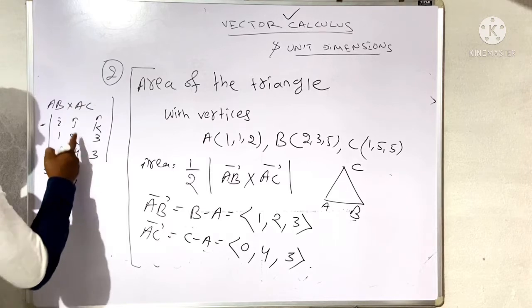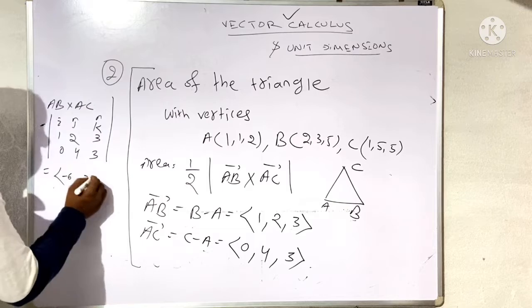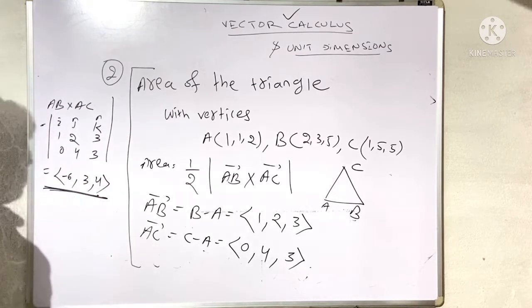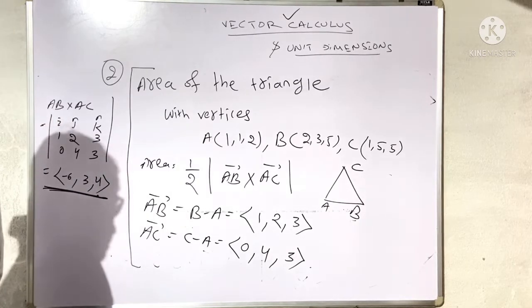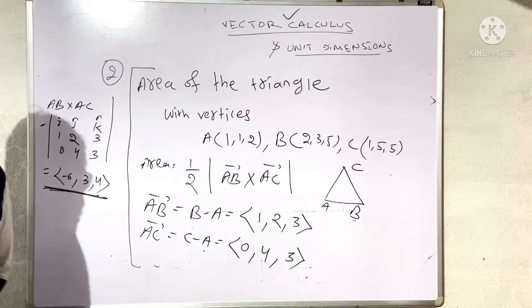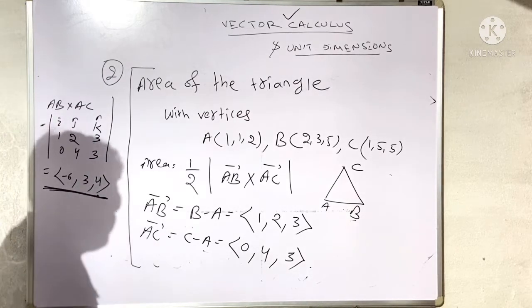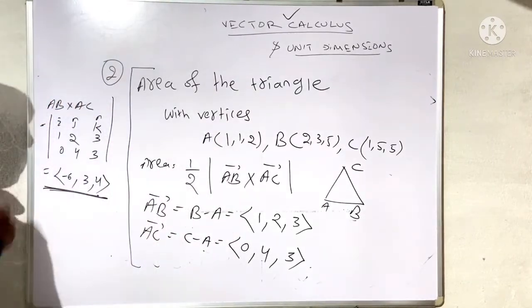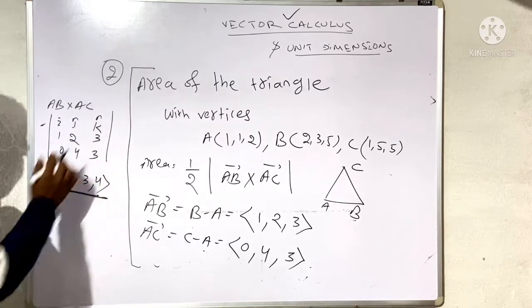Then j is 3 minus 0, that will be 3, then k is 4. If you don't know the determinant, please comment to me. I will share the PDF and notes, and help you find the determinant. So this is AB cross AC.